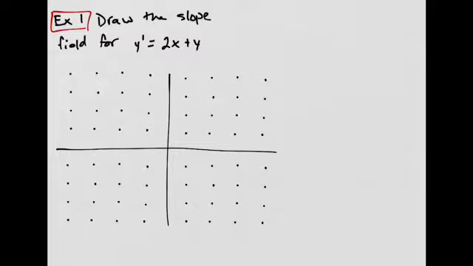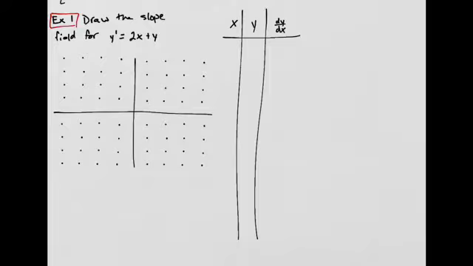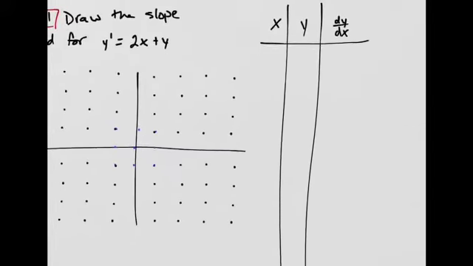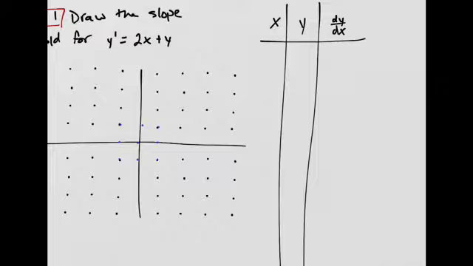It's very simple. I've made a table, and really I'm just going to put a few points down. Those ordered pairs have x and y coordinates, so I'm going to plug those in. I have negative 1, 1, that's that point, and I'll figure out the slope for that.